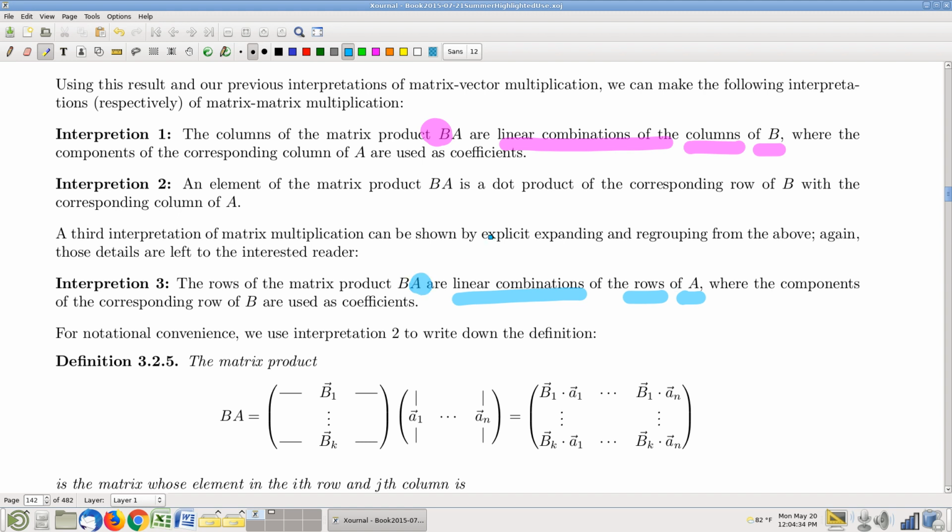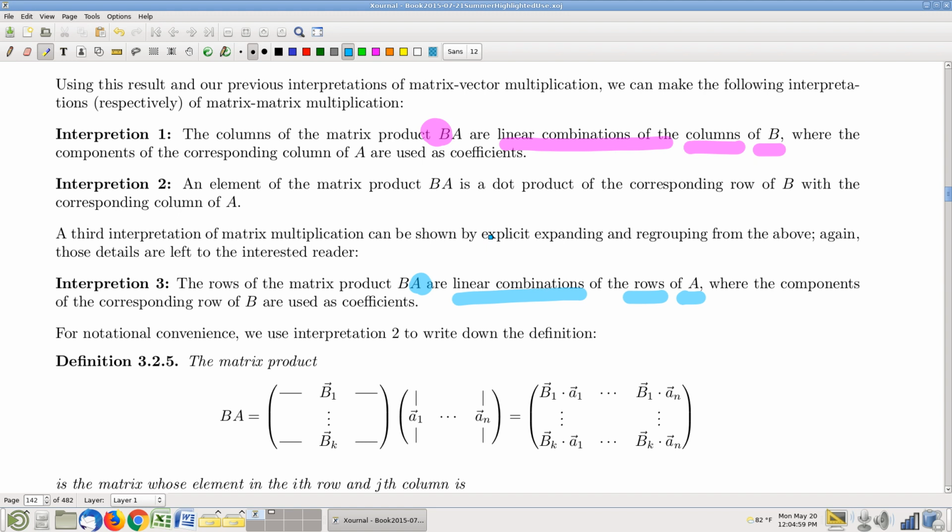If you write that down, look at the individual coordinates, what you'll find is that it reproduces these same formulas here for the individual elements. They're just dot products. So that is a kind of a third point of view that you can take on matrix-matrix multiplication. Also very useful, as it turns out.